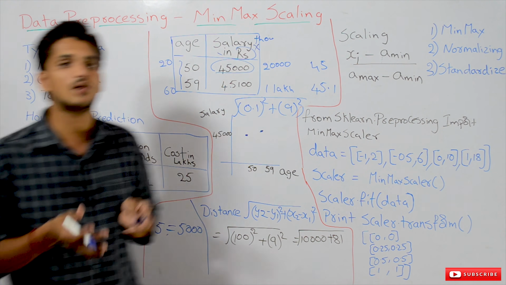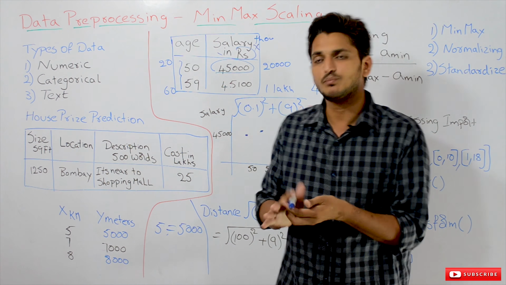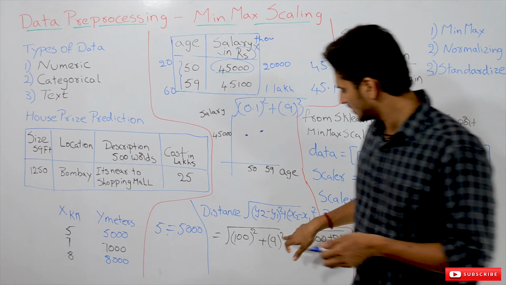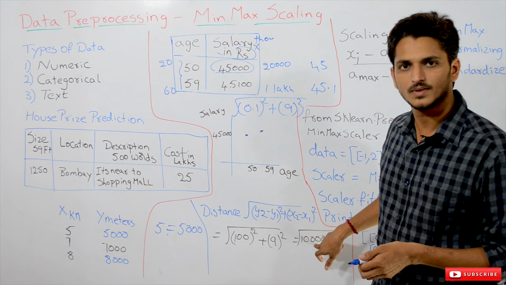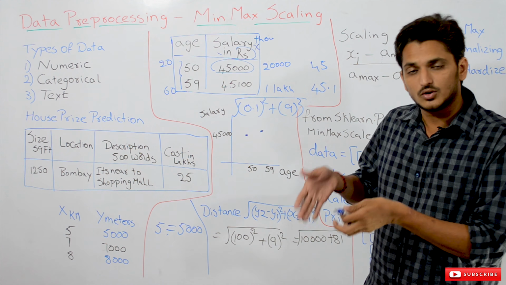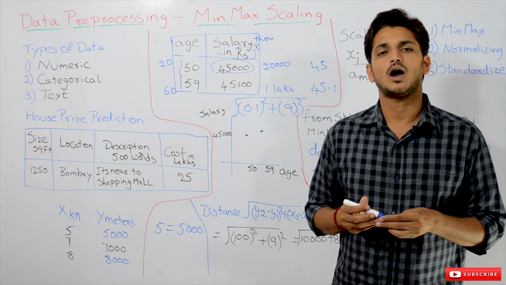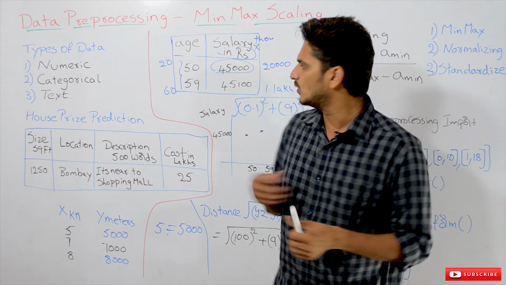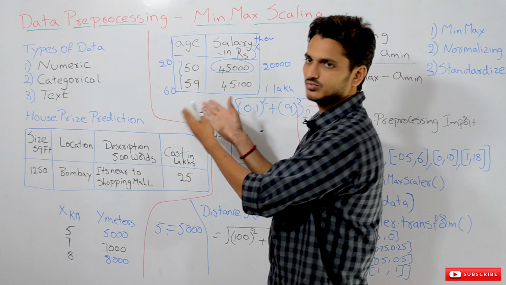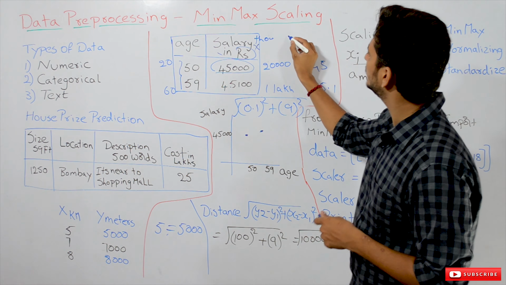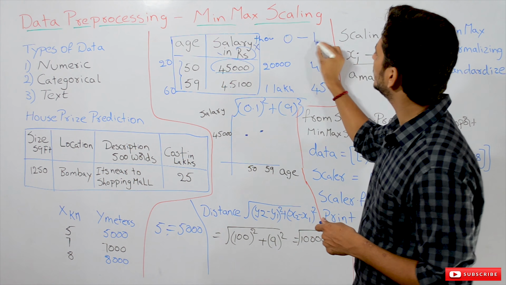That's why we have to give equal importance to all the features. One feature should not dominate the distance. To do that, we have to scale down these values to a certain limit. Let's say we scale down these values to 0 and 1.